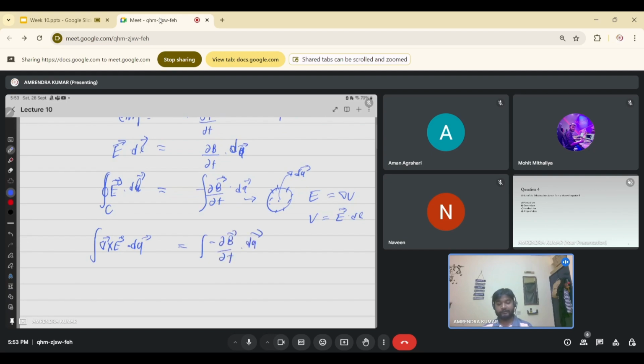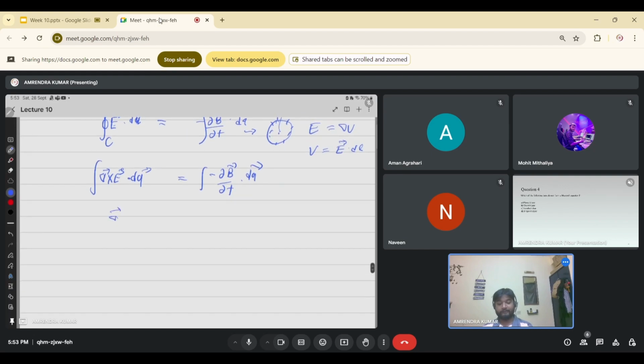Now, for an arbitrary area element, dA not equal to 0, we have del cross E equal to minus del B over del t. So what is this? This is nothing but Faraday's law.